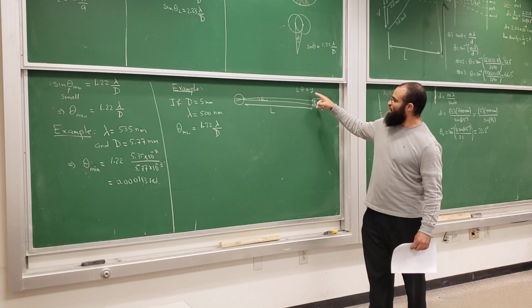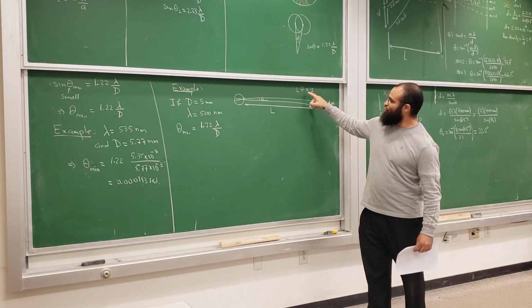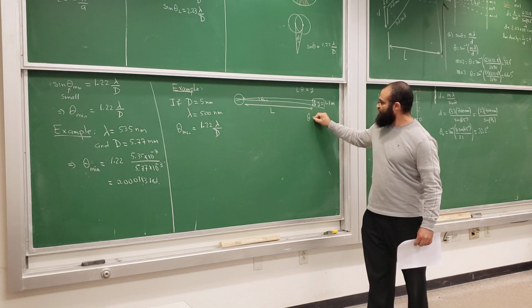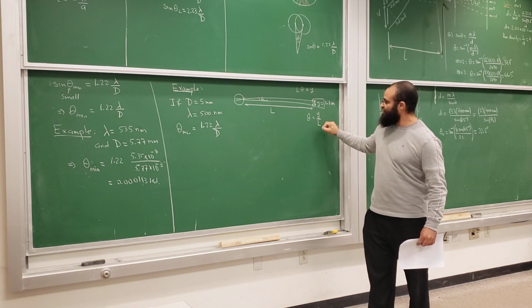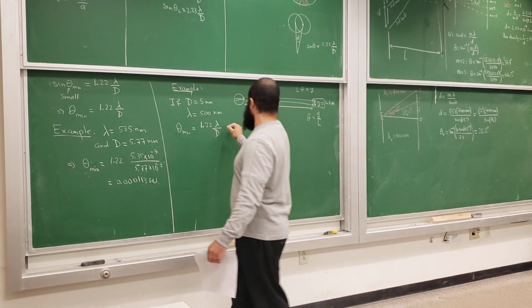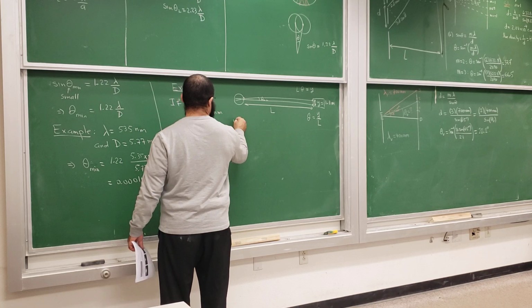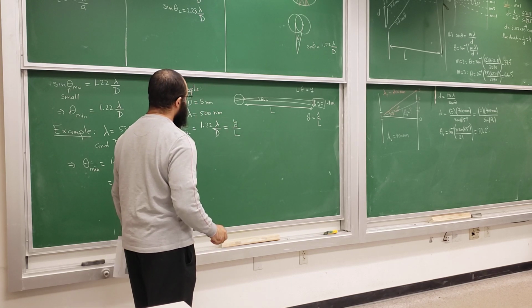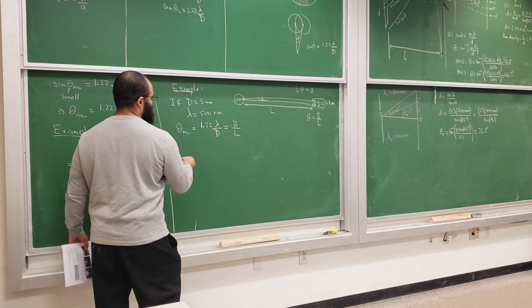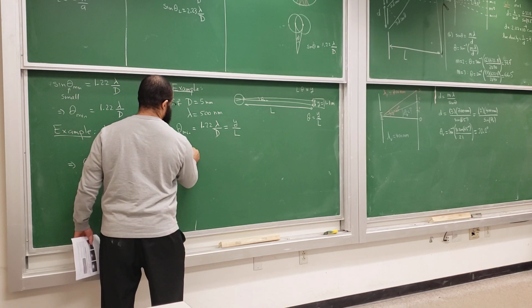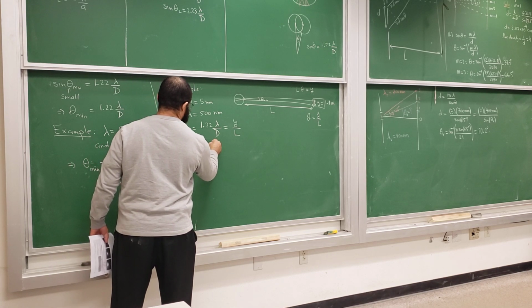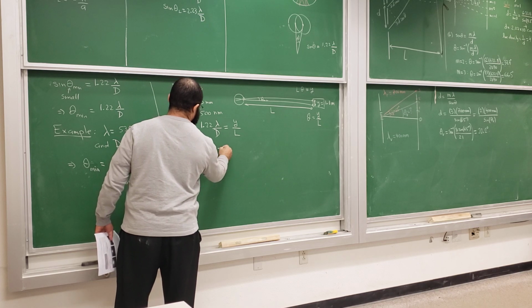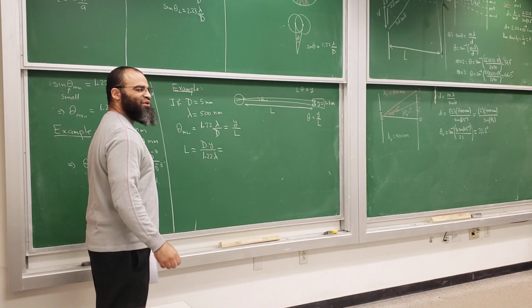So L theta is y, so theta is equal to y divided by L. So I'm going to equate this to also y divided by L. So we're going to cross multiply and solve for L. So we get L is equal to d times y divided by 1.22 lambda. Okay?